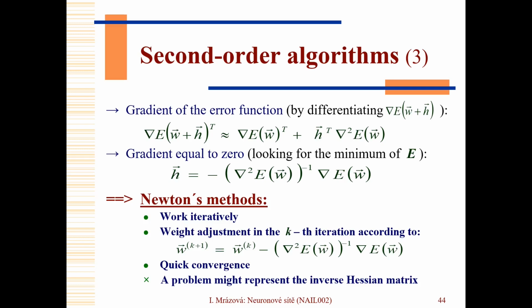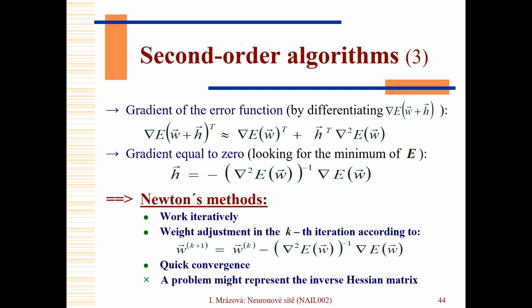For the expression that we have on this slide, we know that the left-hand side should be equal to 0, and we know the values for the gradient of the error function at the point w. We also would be able to assess the elements of the Hessian matrix, and the only thing that we don't know now would be the step h. So by reordering the right-hand side, we would obtain the equation for computing the step h.